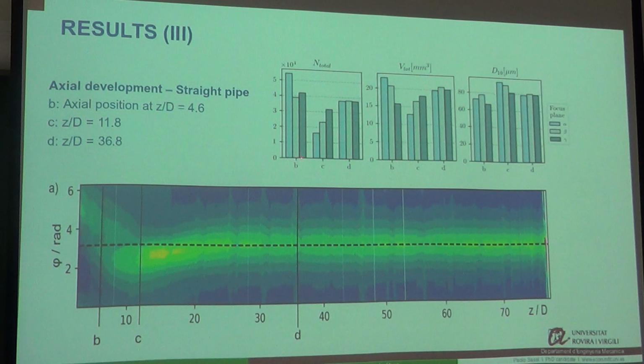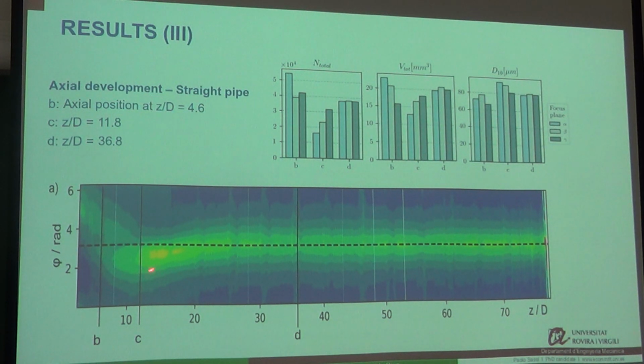So position B is at 4.6 diameters from the nozzles, from the mixing chamber of the 2 phases, let's say. And we get between 4,000 and 5,000 images in total, with drops identified by the algorithm. And what we got here is a tomography, an X-ray tomography of the pipe, of the same flow.